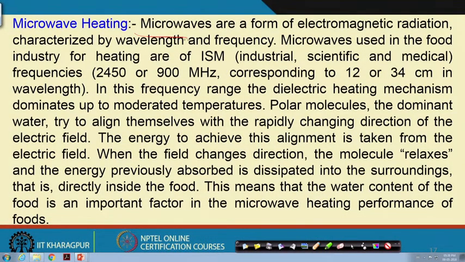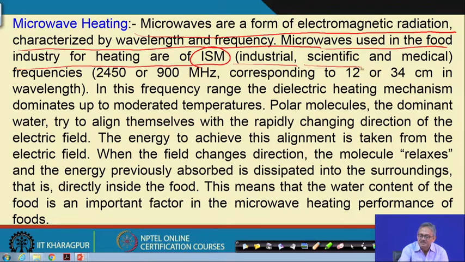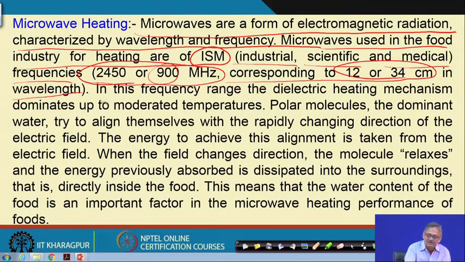Microwaves are a form of electromagnetic radiation characterized by wavelength and frequency. Microwaves used in the food industry for heating are ISM, that is industrial, scientific and medical frequencies, which are around 2450 or 900 megahertz, right, corresponding to 12 or 34 centimeter in wavelength.